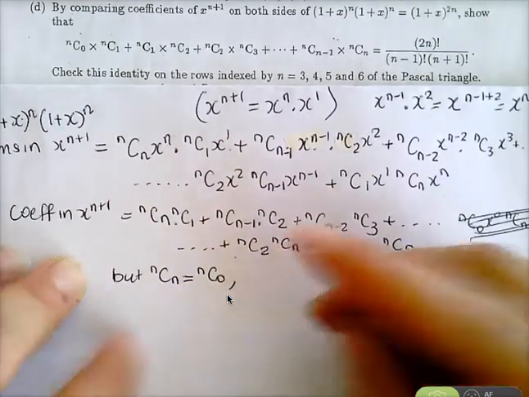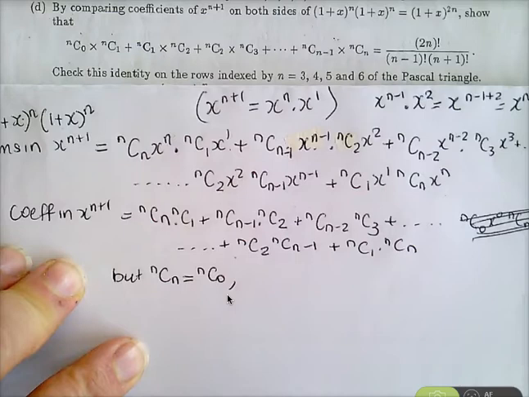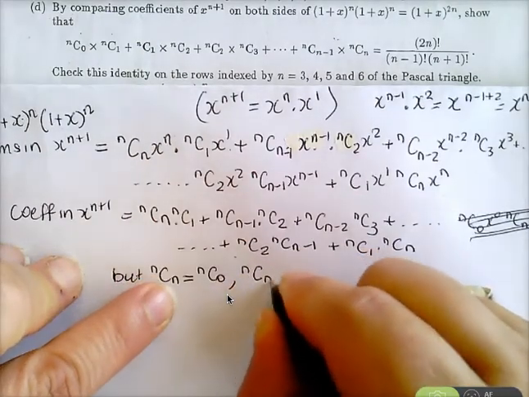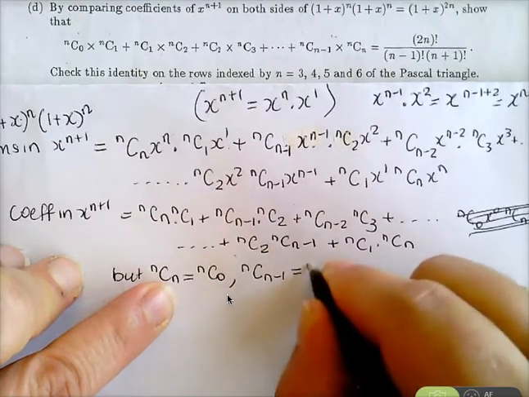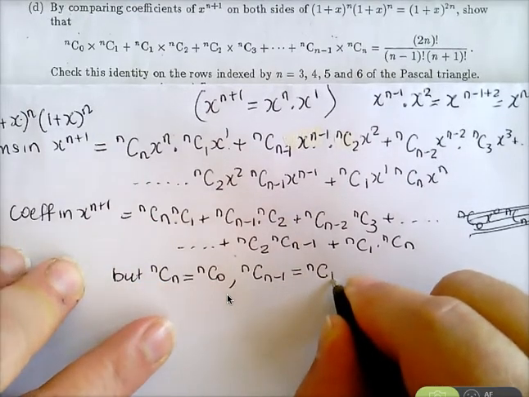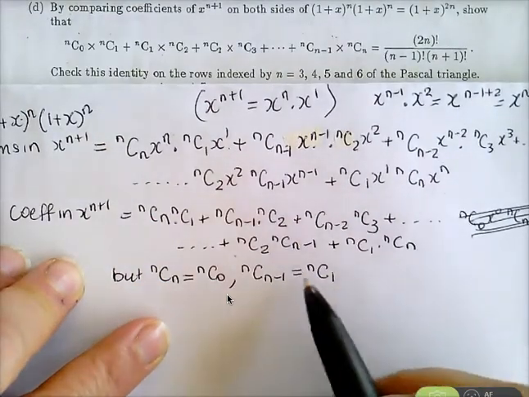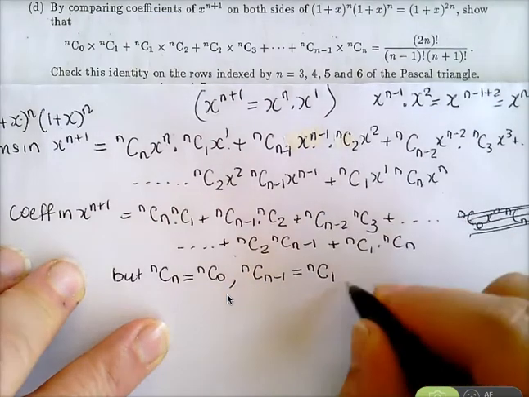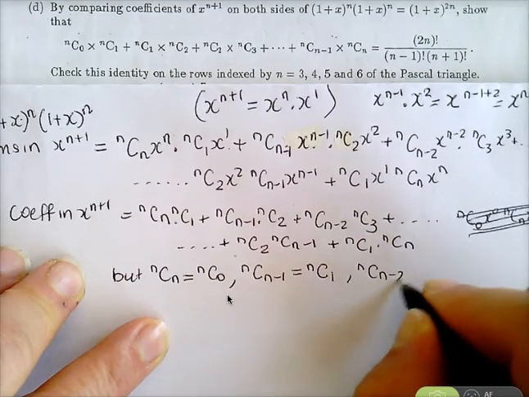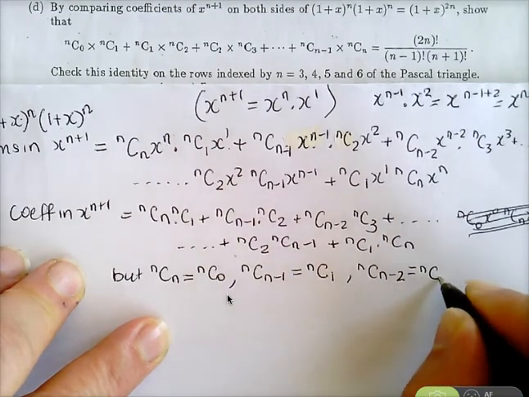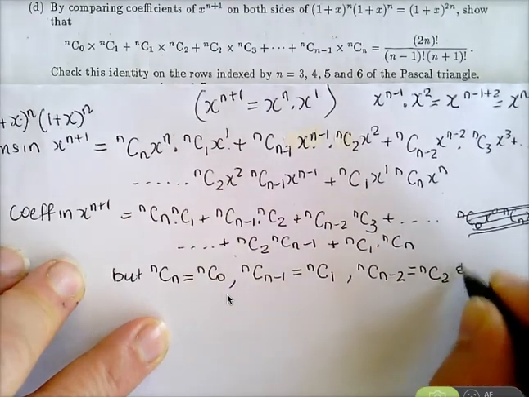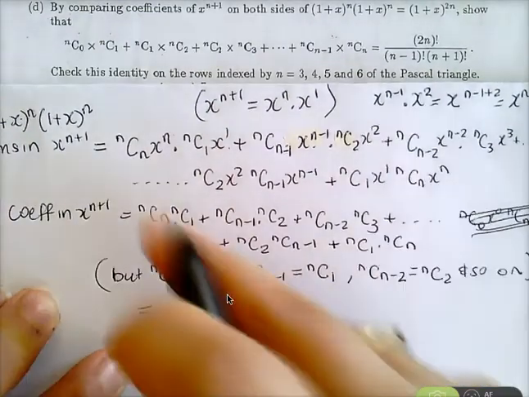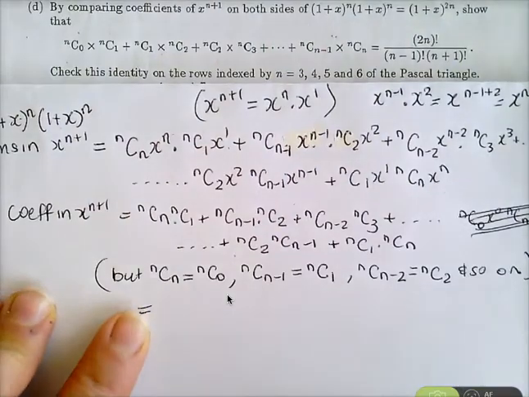You know how 10 choose 9 equals 10 choose 1? We think of it as n choose n minus 1 equals n choose 1. So if n was 10, 10 choose 9 equals 10 choose 1. n choose n minus 2 equals n choose 2, and so on. So, put that in brackets, therefore we can write this the way that they've written it.